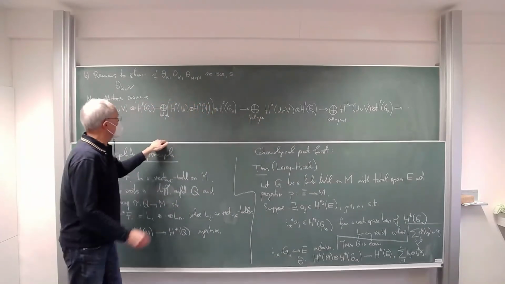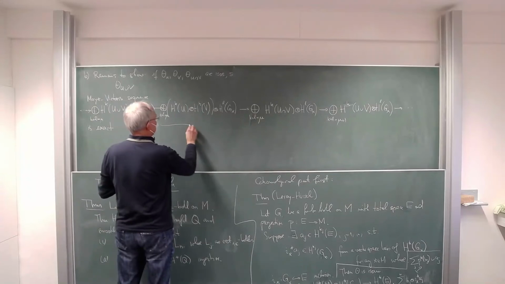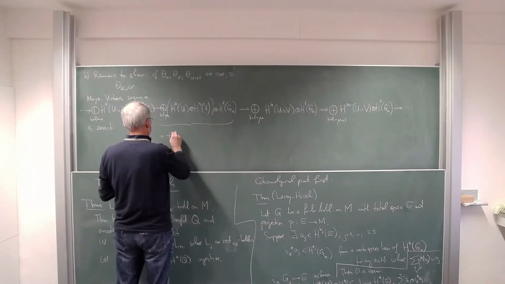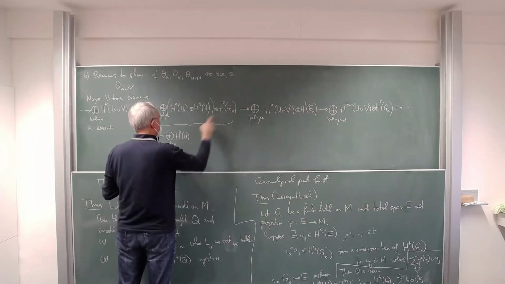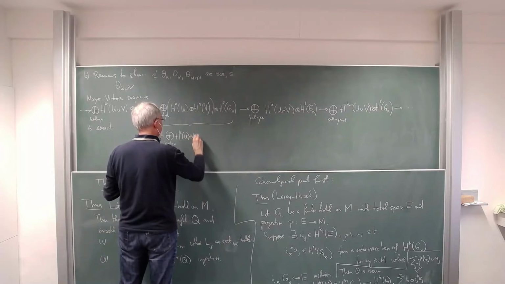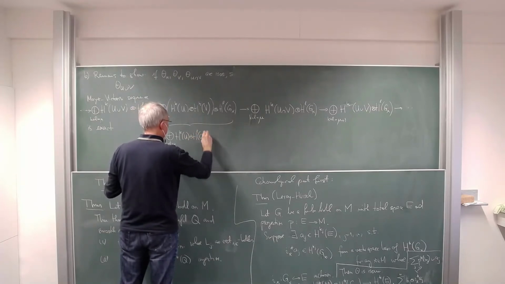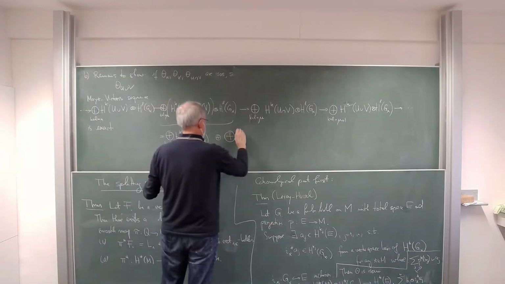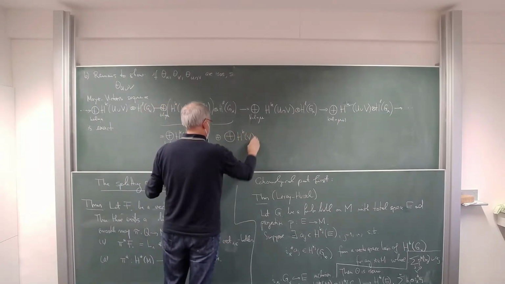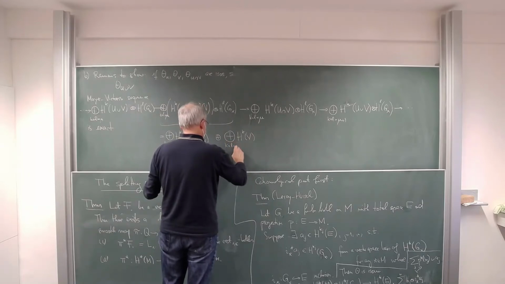And here, that is the same thing as writing the muth degree of the first one tensor that one, plus the same thing for this guy, using this associativity of the tensor product.